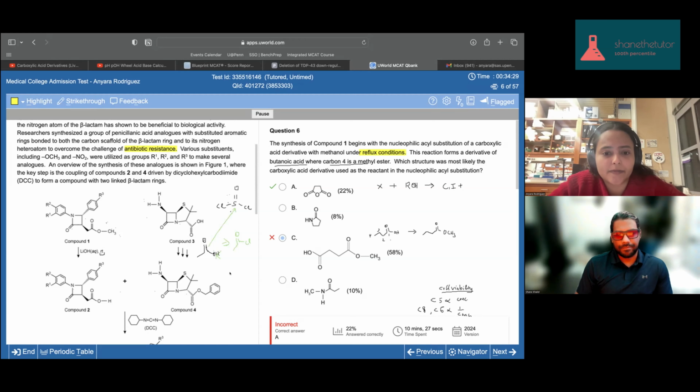The actual mechanism I can get for you, but the idea is that it produces an acid chloride. So here, let me get this. Okay, I'm going to put this image in the chat here.